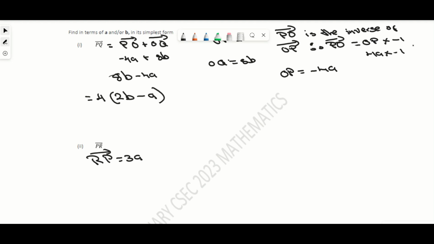Now, we want PR, which is going in the opposite direction of RP. We can either say they are going in the opposite direction or they are the inverse. So PR would be equal to 3A, which is RP, multiplied by -1, which is -3A. And that would be your answer for part 2.